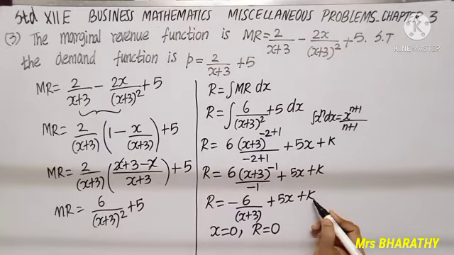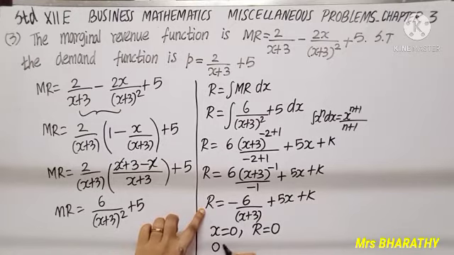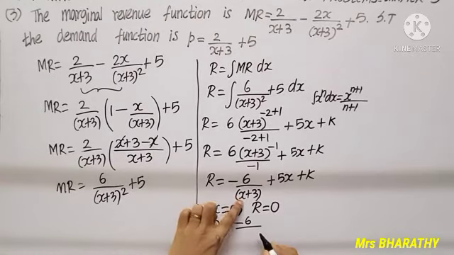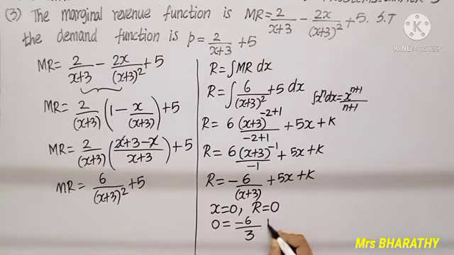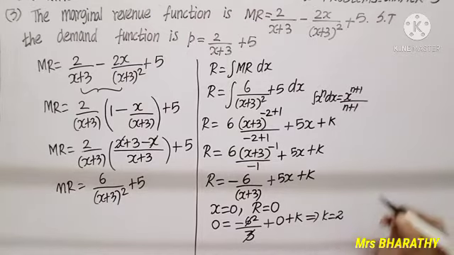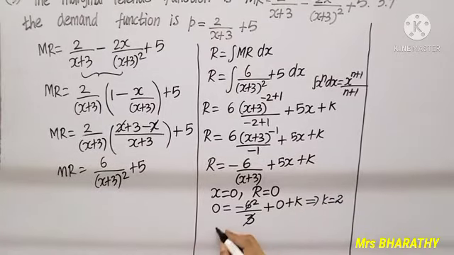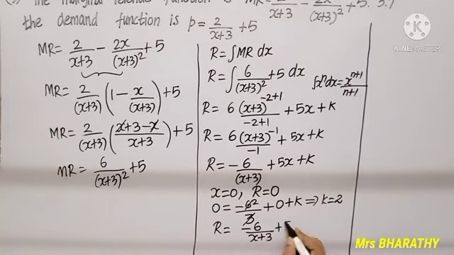Let us find out what the K value is. 0 equals minus 6 by 0 plus 3, that is 3, plus 5 into 0, 0, plus K. So I get K value equals 2. Once I find K, let me put it back here. So what is R? R equals minus 6 by (x plus 3) plus 5x plus 2.